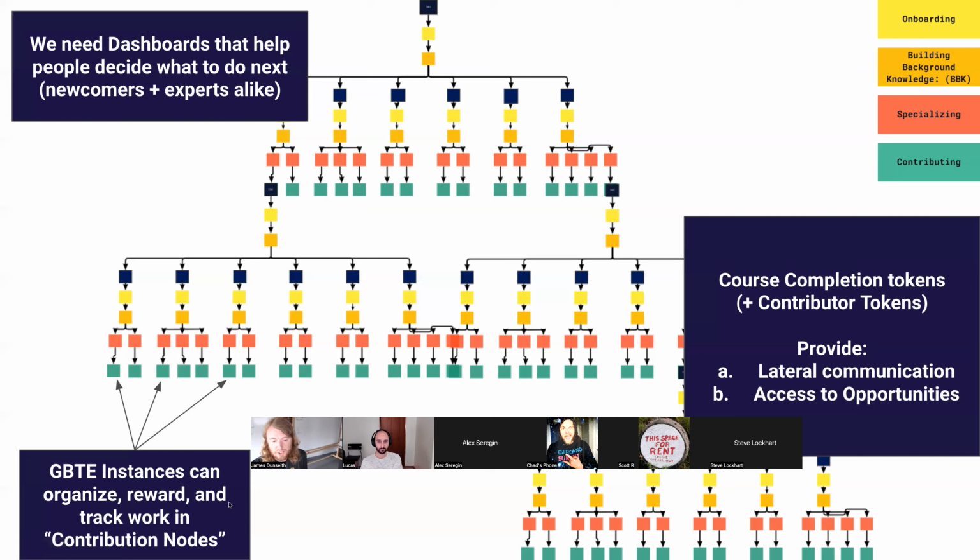And so the question is now, those tokens that unlock the ability to contribute to a project that's being tracked here, are they the same thing as a course completion token? I could argue both ways for that right now, and I'm very curious if people think those should be one and the same, or if they should be unique. And then Scott, your second question.